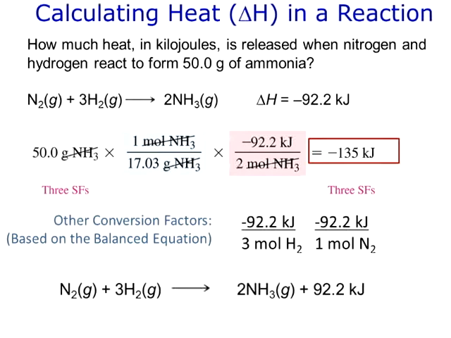If we look at the balanced equation, we see 2 moles of ammonia plus 92.2 kilojoules of energy. We say plus that. If we note the bottom of the slide, we show you what the formal equation looks like. But since it is released energy, it is an exothermic process, and that energy is negative. And therefore we obtain a negative 135 kilojoules.